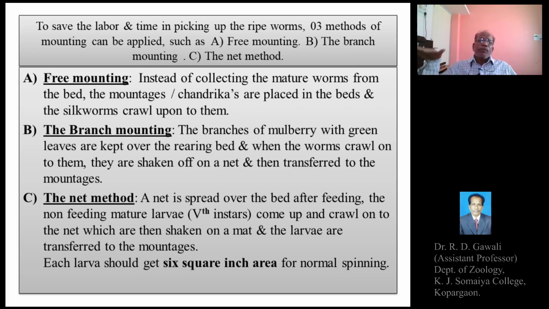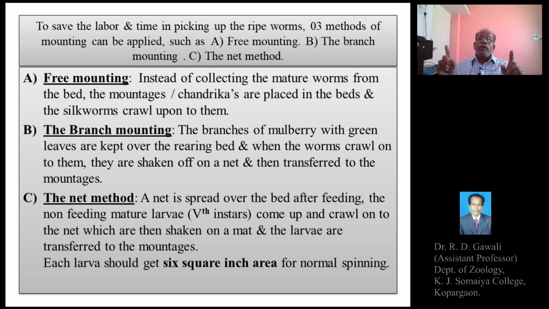So in this case, a net with a size of about 20 millimeter square mesh size can be spread over the feeding bed or trays.